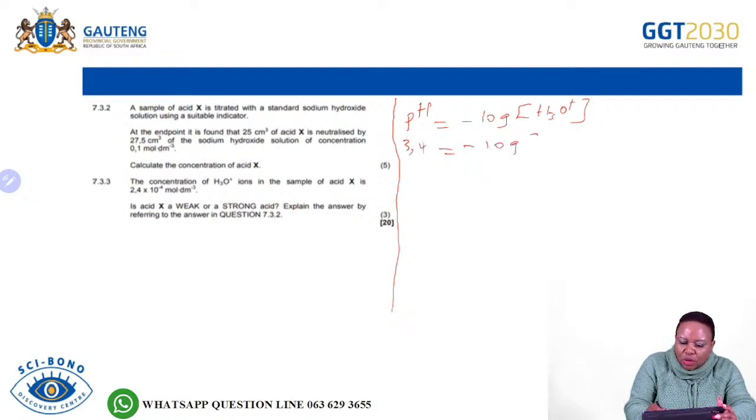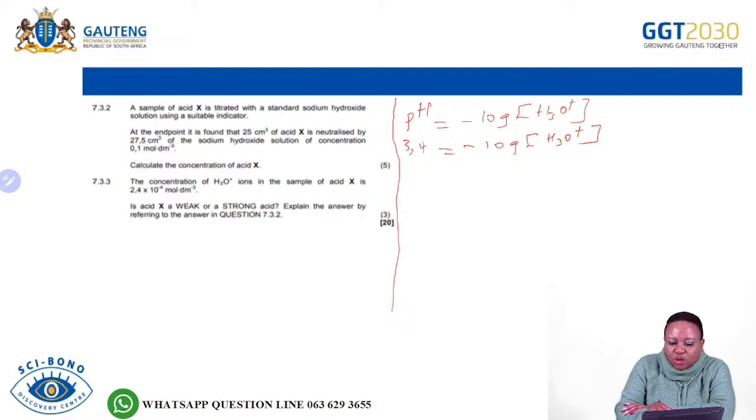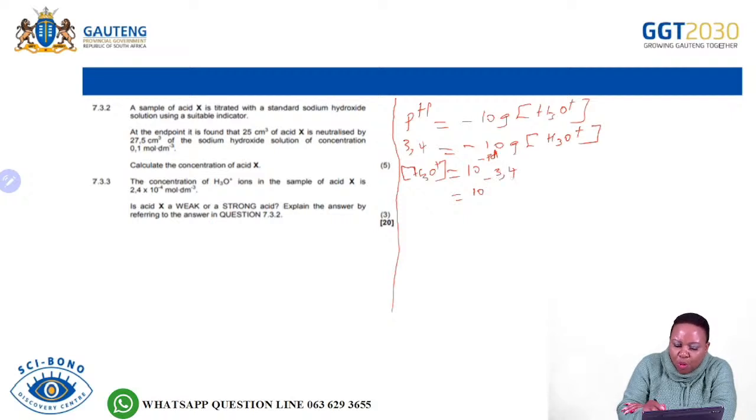I also said, if you are given something like this, you can also say the concentration of H3O+ is equal to 10 to the exponent minus pH. In this regard, it's going to be 10 to the exponent minus 3.4.